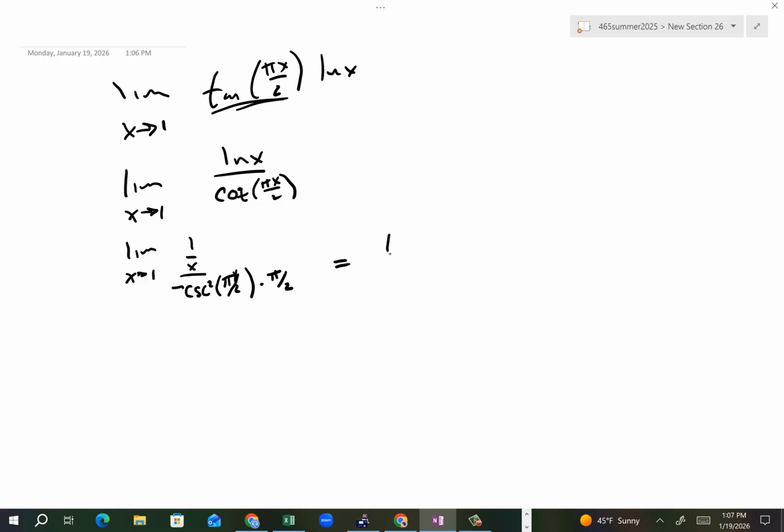It's the cosecant of pi over 2, and cosecant is 1 over sine. So the sine of pi over 2, kids, is 1. So 1 over that is 1, squared is 1, with a negative in front is negative 1. So negative pi over 2, or negative 2 over pi.